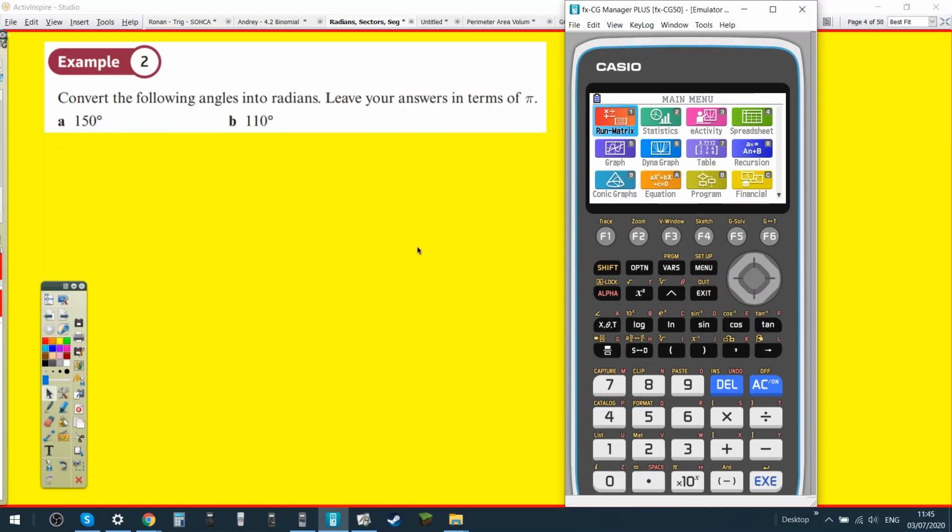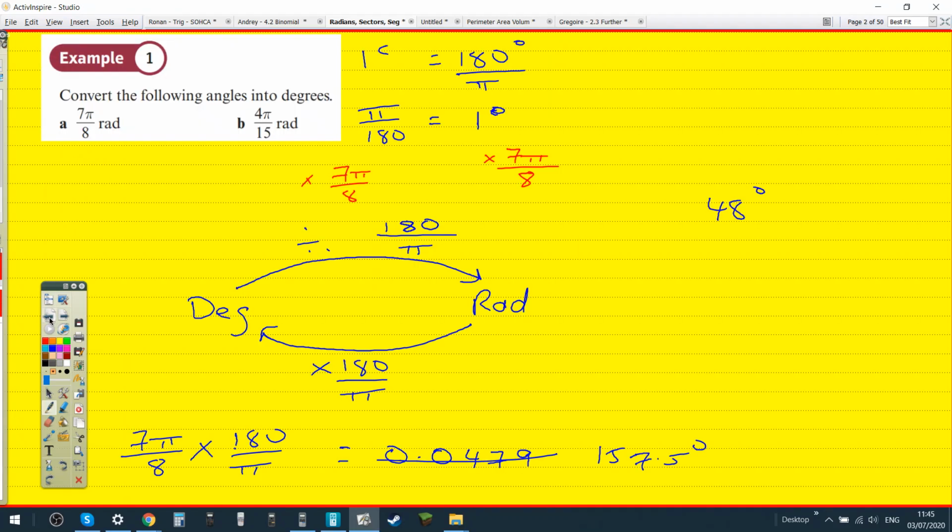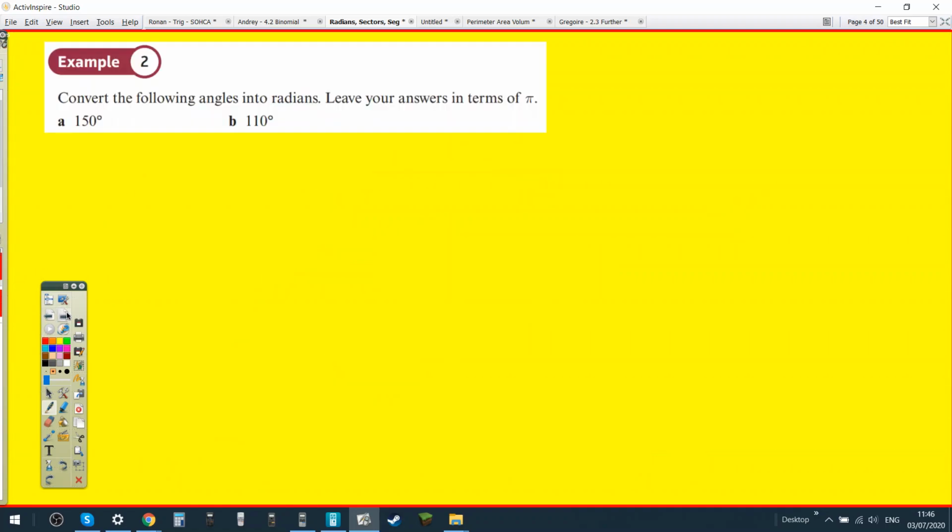This answer looks a bit too big. What did you get? 8,594. No. Let's see. So degree to radian, divide by 180 over pi. Is that what you did? No, I did divide by pi over 180. Okay. Divide by 180 over pi. Yeah, I got 5 over 6 pi now. Okay, 5 over 6 pi.